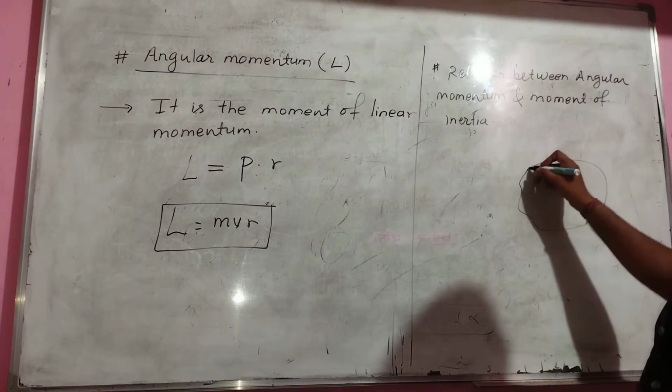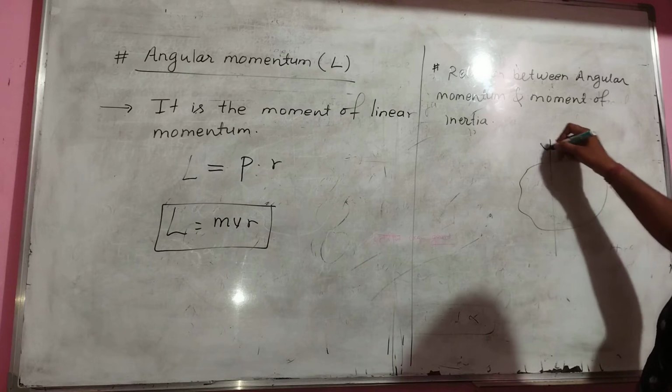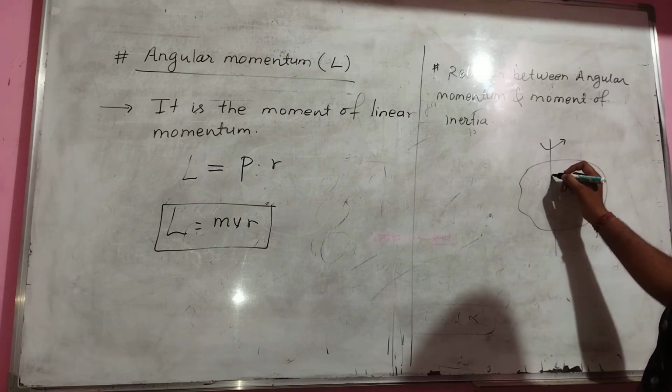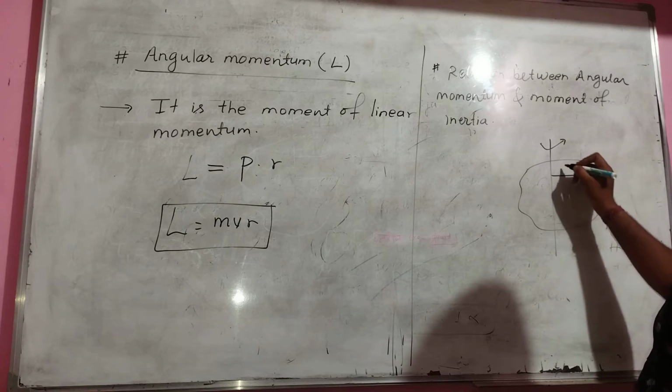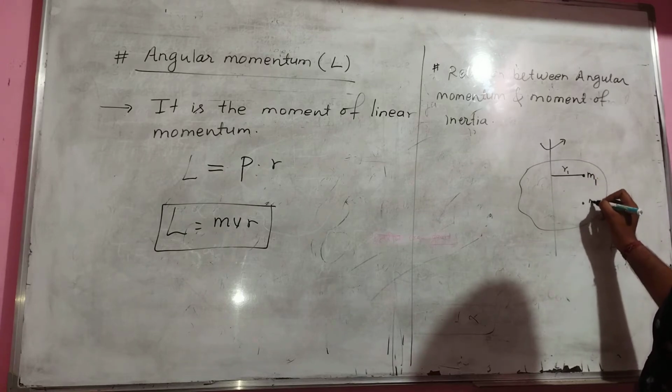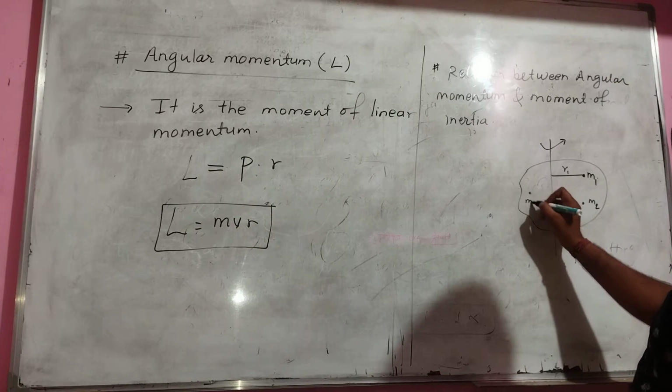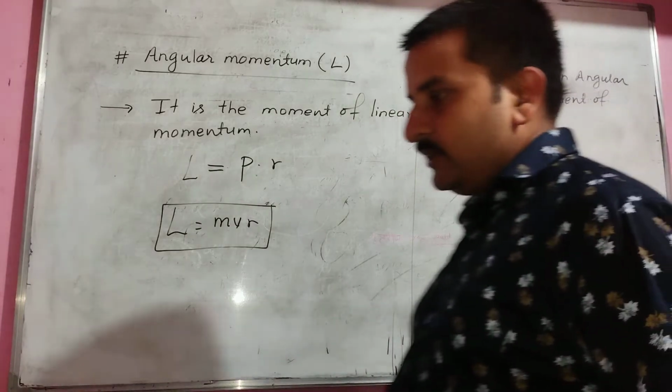Suppose I am taking one body with its axis of rotation. I do not want to go into the detail. Suppose this mass is m1 and this distance is r1. Likewise there is mass m2, mass m3, and so on.